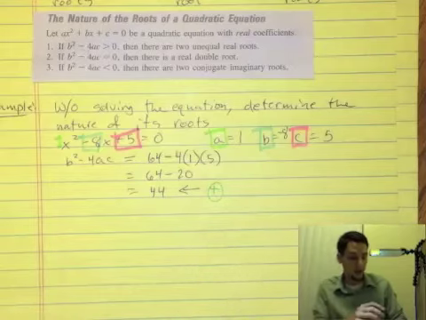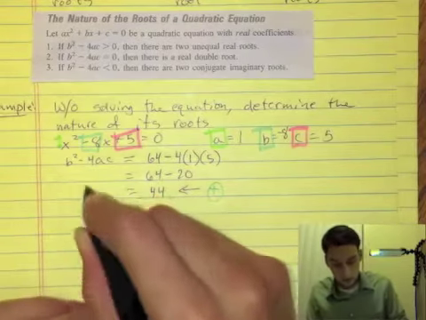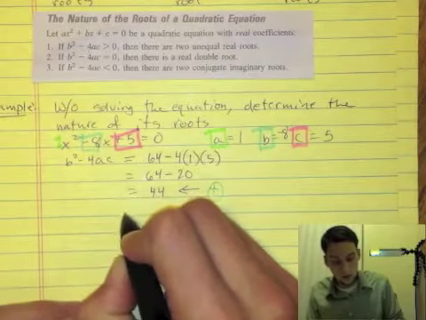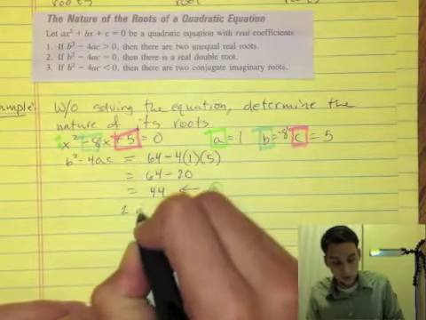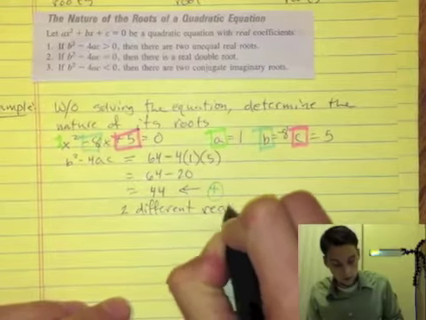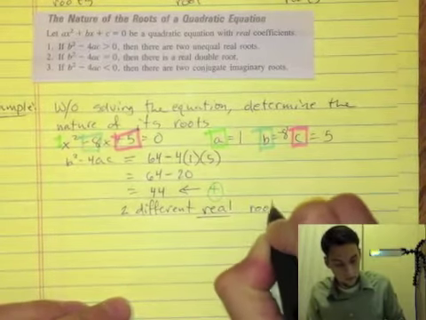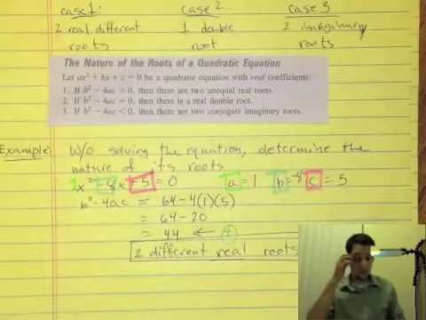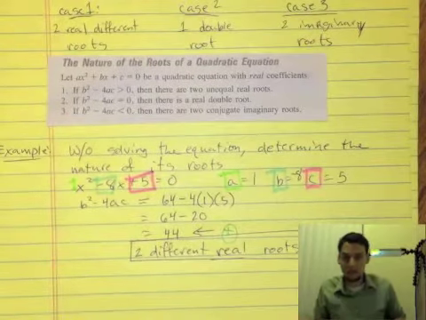So our answer here, determine the nature of the roots, we'll have two different real roots. And that's our answer. That's all the question was asking. So that's all we need to do to answer it. Simple.